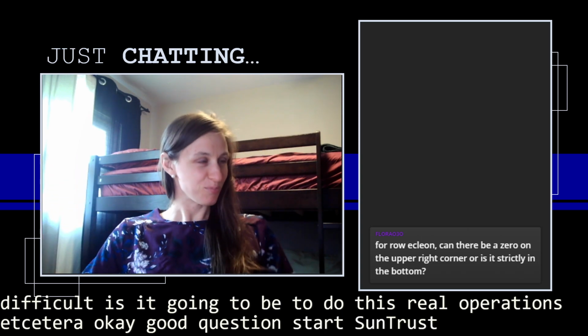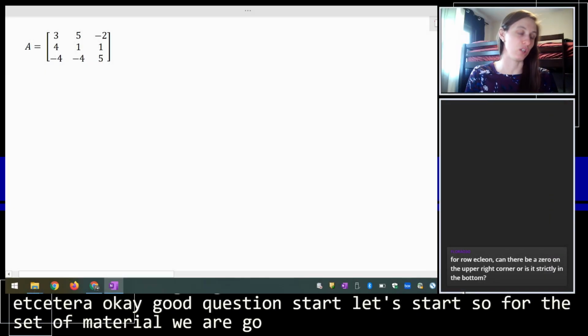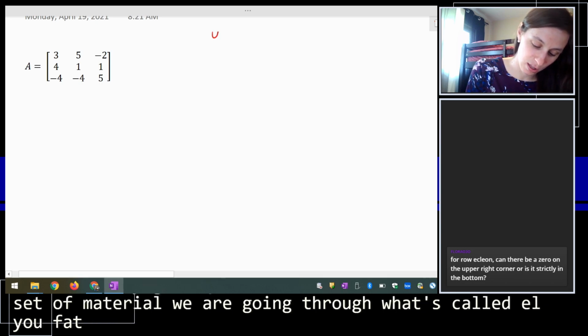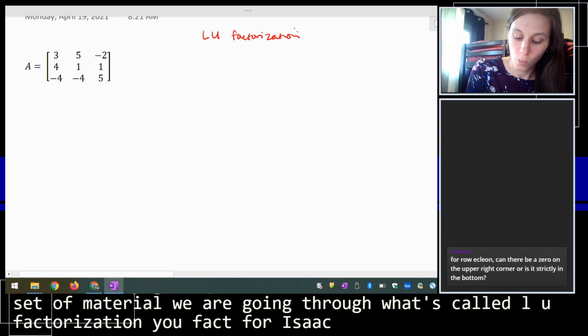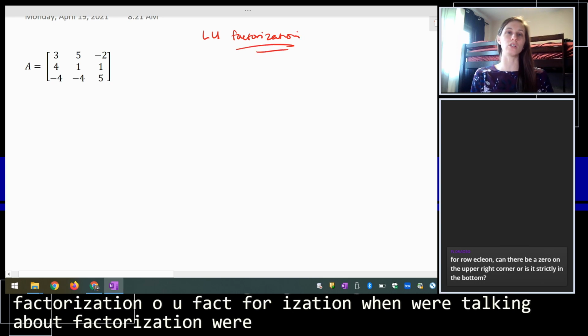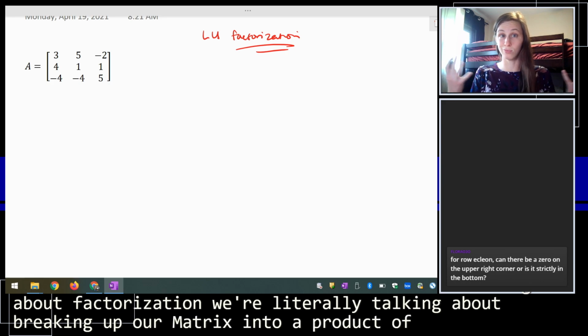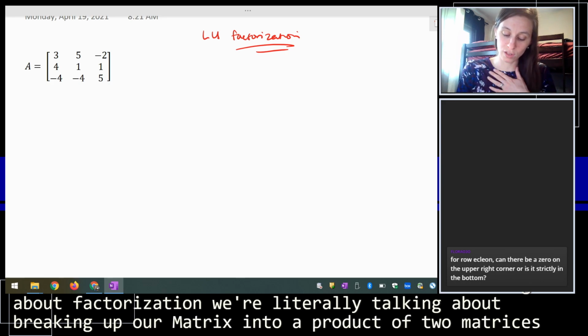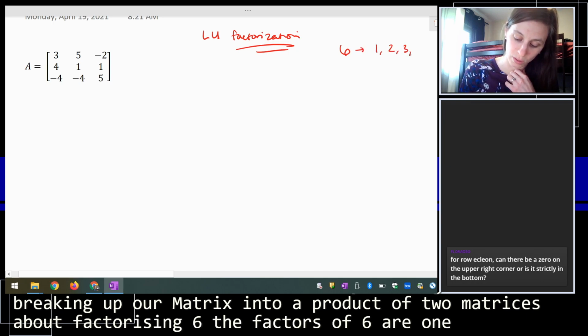So for this set of material, we are going through what's called LU factorization. When we're talking about factorization, we're literally talking about breaking up our matrix into a product of two matrices. If you think about factorizing 6, the factors of 6 are 1, 2, 3, and 6.